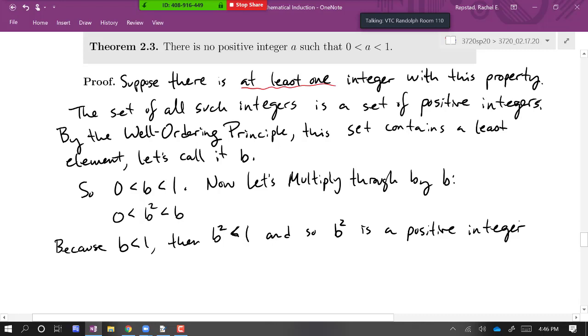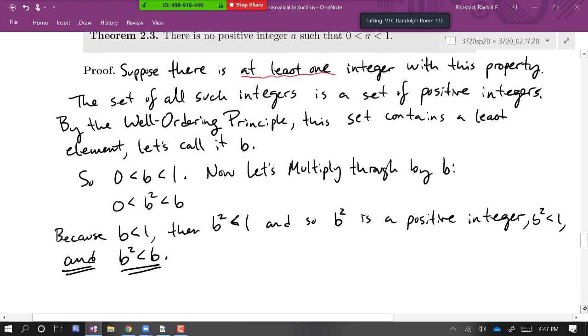Which means it's an element of the set that we've been talking about, and it's less than B. That's a problem for us because we said that our set has a least element and we picked it and we called it B. B was the least element in the set, so we've now reached a contradiction.